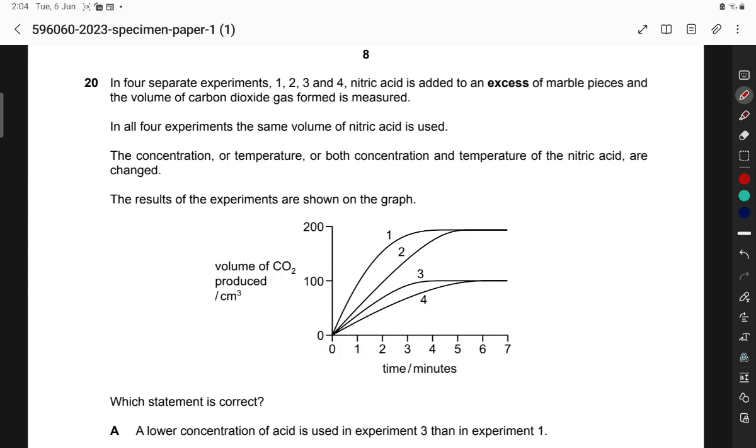The results of the experiments are shown on the diagram.